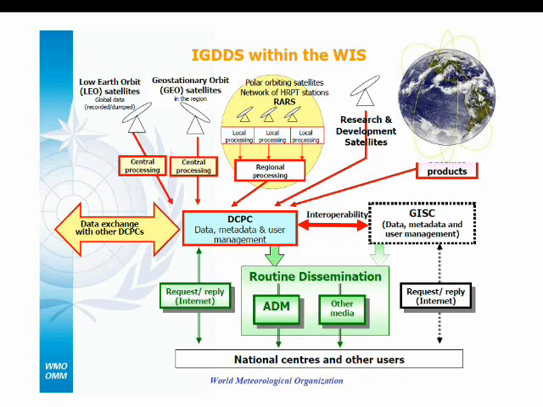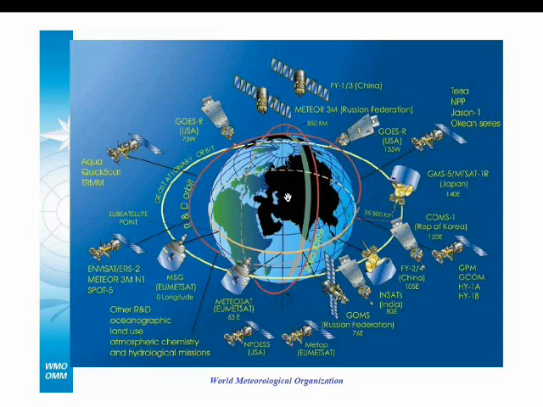And the IGDDS project will be completed within 2 years, I hope. And as a function, well, as a WIS component. There are so many satellites. These satellites are targets of IGDDS.